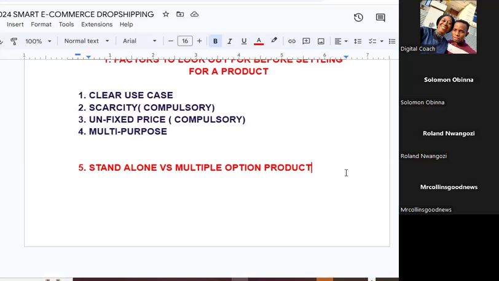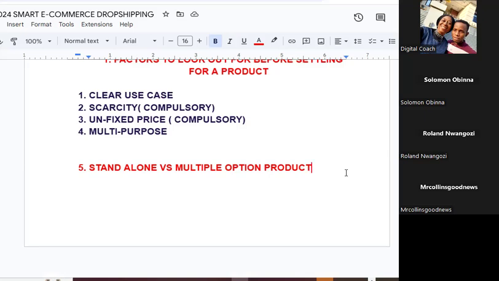Then the medium size has red color, pink color, yellow color. Now, these are called multiple option products. Don't sell products like that.